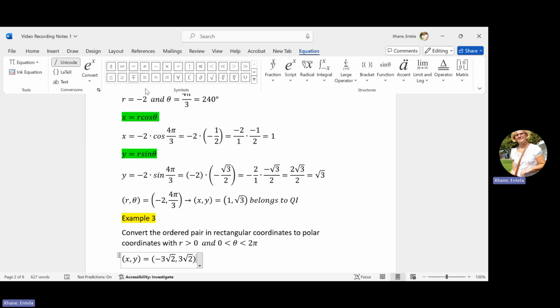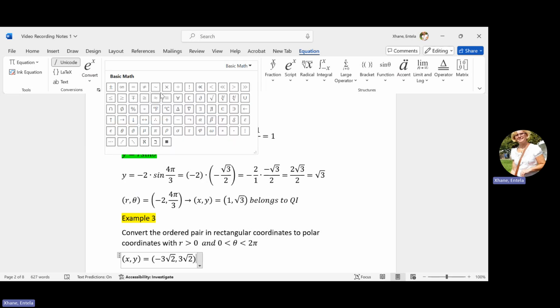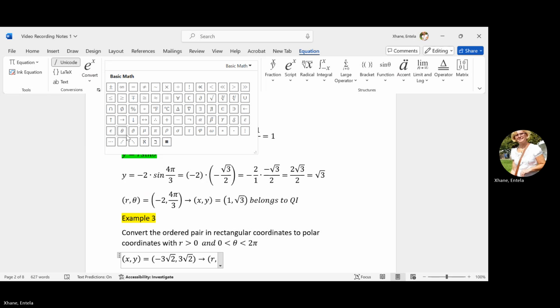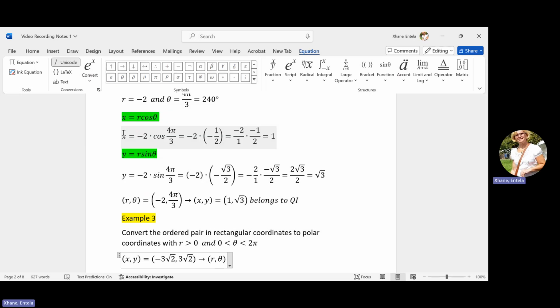Interesting example. And then our goal is to convert into an ordered pair of the form r comma theta. That is what is unknown.